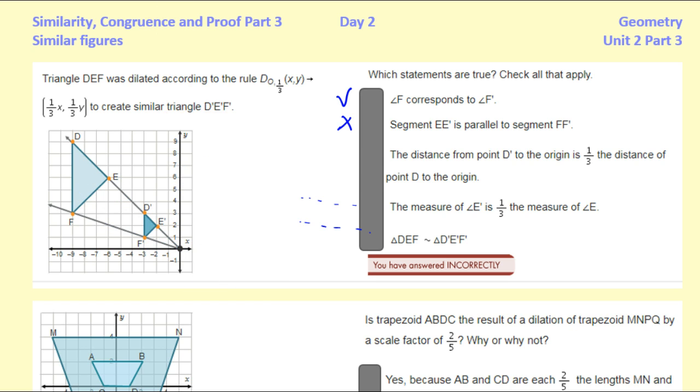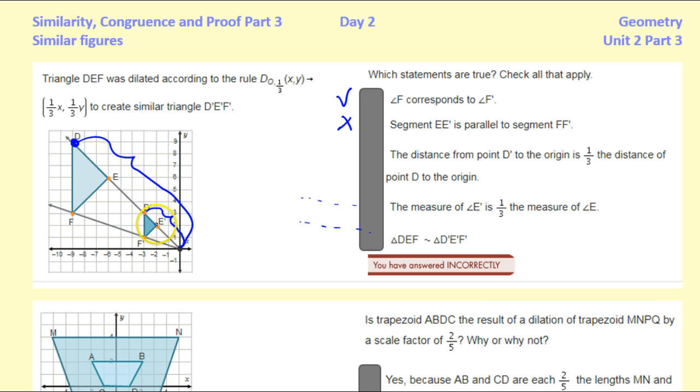Okay, what else? The distance from point D prime to the origin is 1/3 the distance of point D to the origin. So we're saying here's point D, and there's the origin. So this is the distance from D to the origin, and then this is the distance from D prime to the origin.